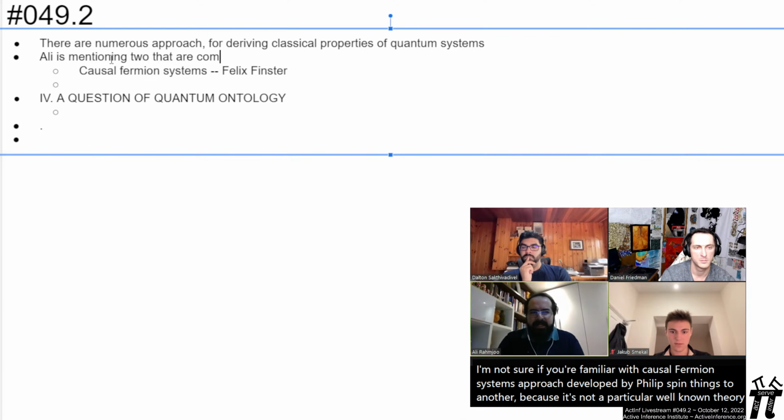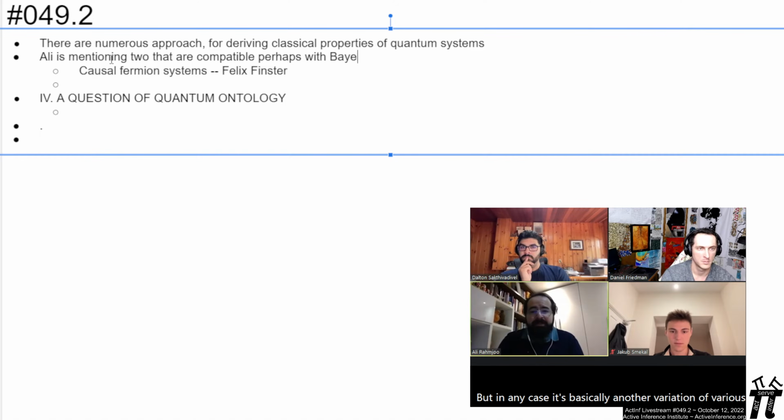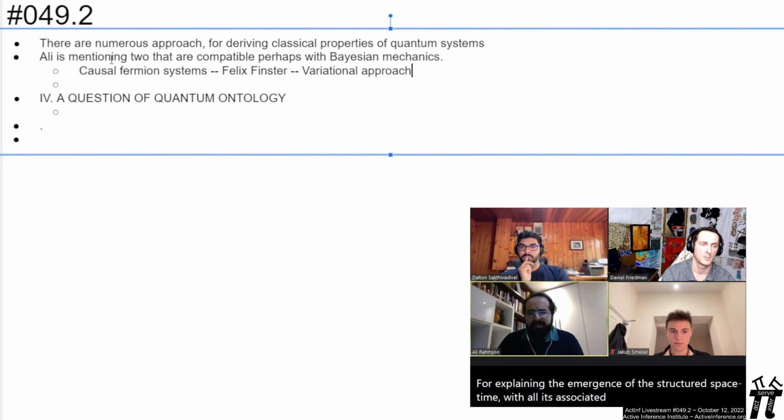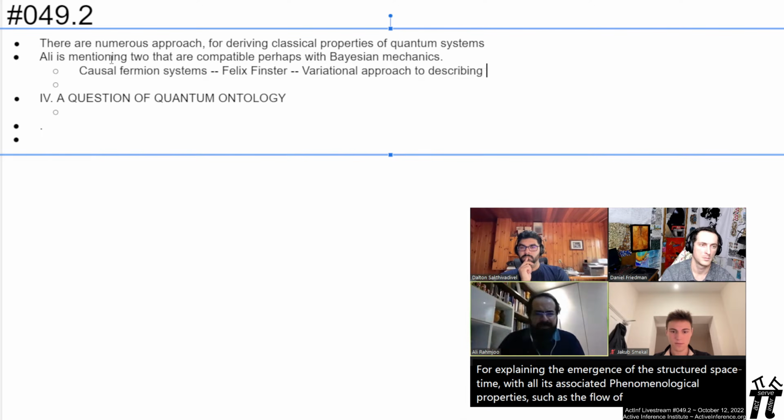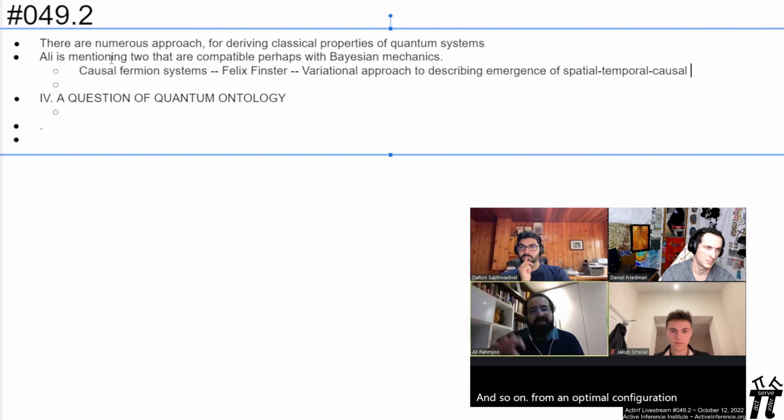But in any case, it's basically another variational approach for explaining the emergence of a structured space-time with all of its associated phenomenological properties, such as the flow of time, the chain of causal events, and so on, from an optimal configuration of self-organizing quantum wave functions.